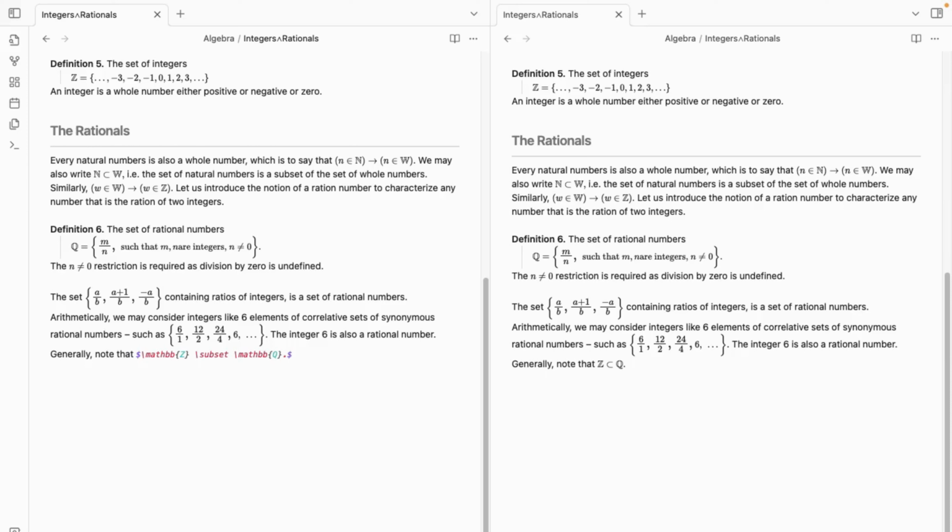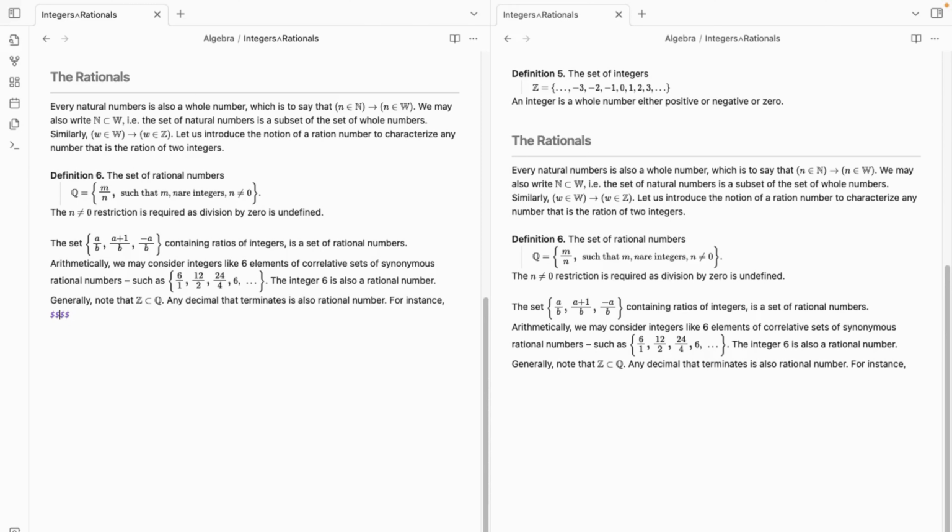All right. So far, so good. And then, of course, we might also observe that any decimal number that terminates is also a rational number. For instance, the following set of values.